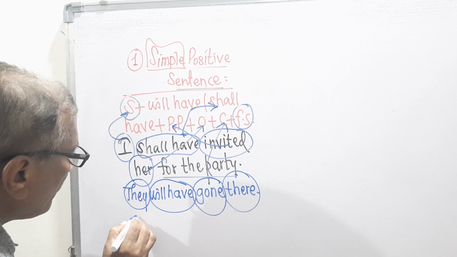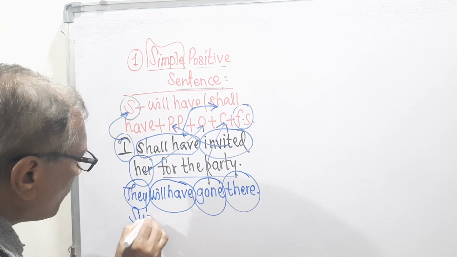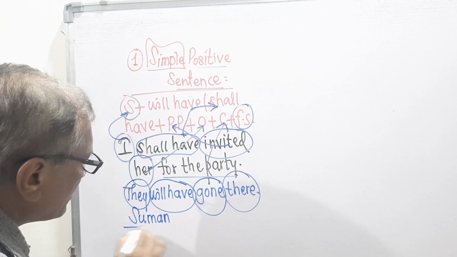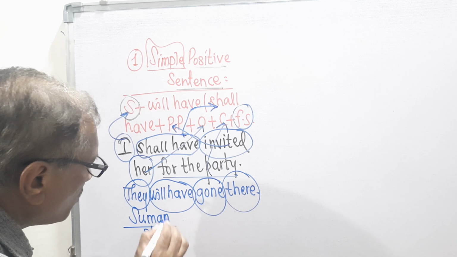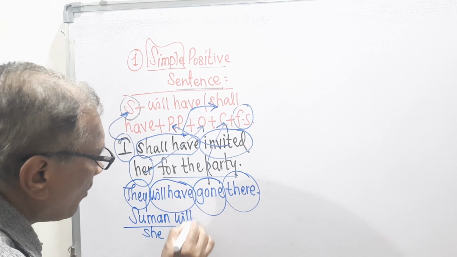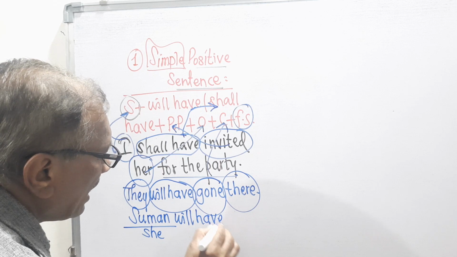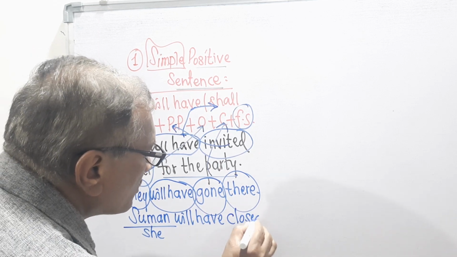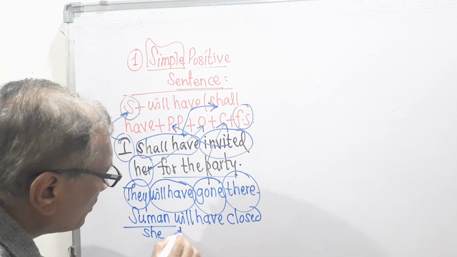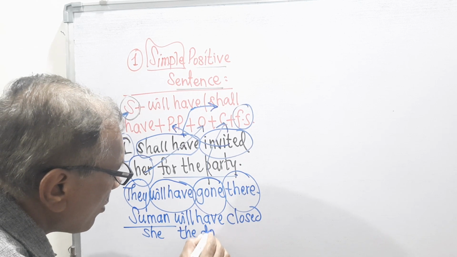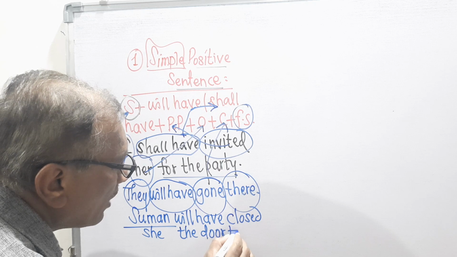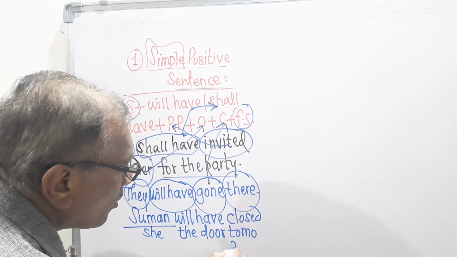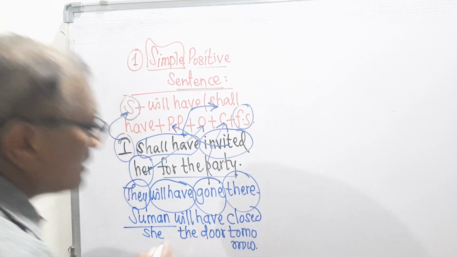Then Suman, that is she, so Suman will have closed the door tomorrow. Remember, this is the sentence.